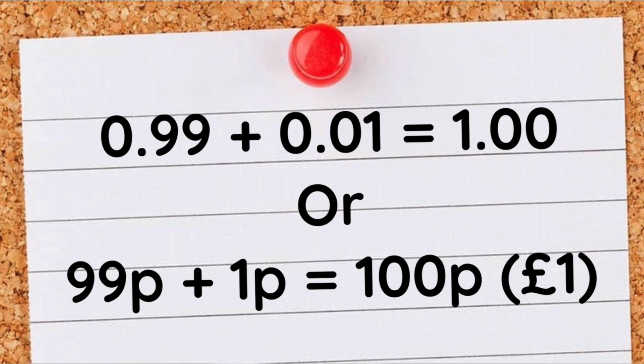So that 0.99 reverts back to 00, and then we carry a 1 from the 100 over into the pound column to create £1. So we've gone from 0.99, we've added 1 pence, and that has given us 1.00, or £1. Play around with it. It will make some more sense, I think, once you do.